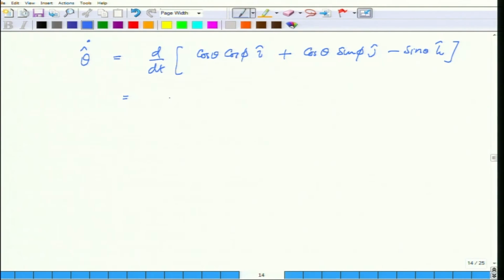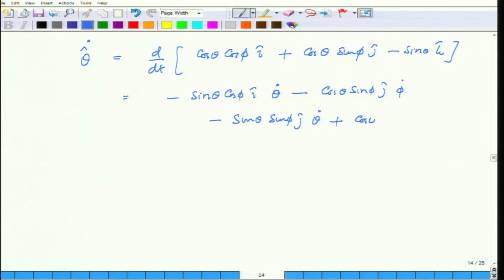This comes out to be minus sine theta cosine phi i theta dot minus cosine theta sine of phi j phi dot minus sine of theta sine of phi j theta dot plus cosine of theta cosine of phi j phi dot minus cosine of theta theta dot k.